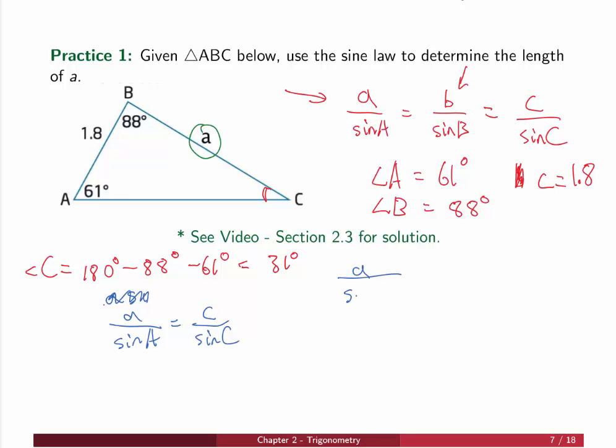We know what sine of A is, 61 degrees there. C, we know what that is. That's 1.8, and we're going to go sine of what we found here, that's 31. We're now going to multiply both sides by sine of 61 to isolate A. That will give us this guy right here. There we are. 31 degrees.